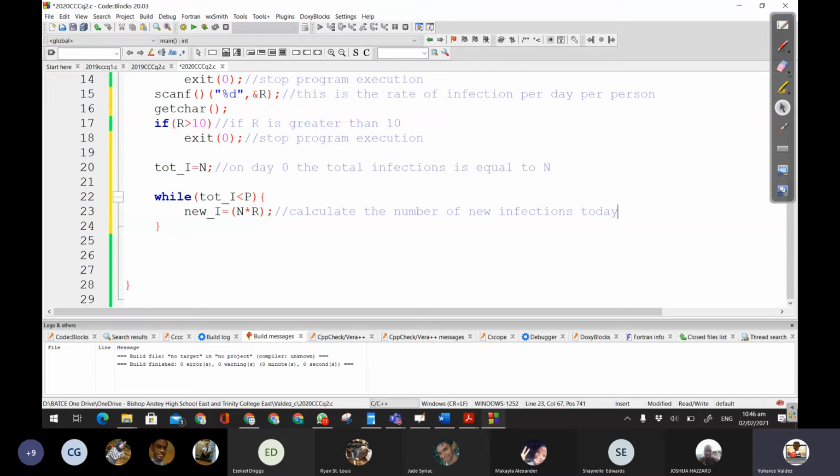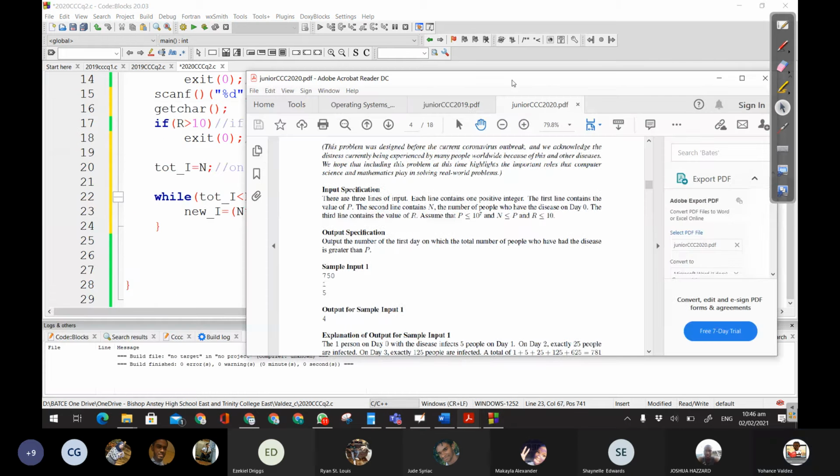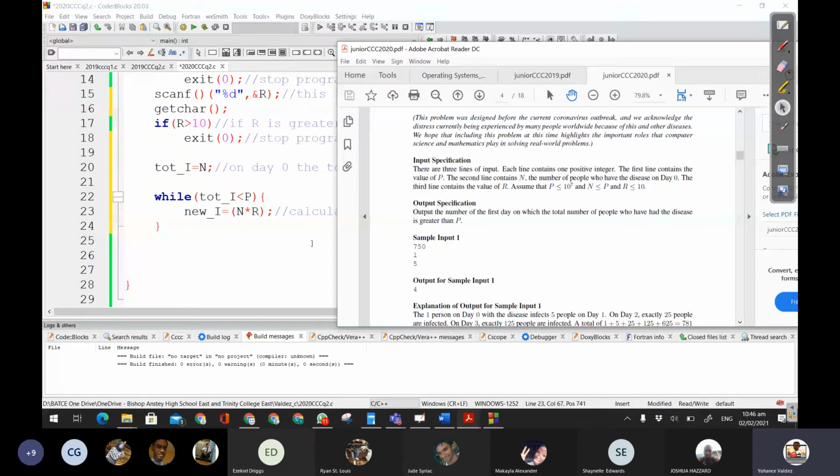And based upon what we were given inside of our specification, where we said on day 0, one person was infected, but by day 1, 5 new people would be infected, it means that the new infection is now going to be the number of people that were infected multiplied by the rate of infection. So the new infections is going to be that 1 multiplied by 5.